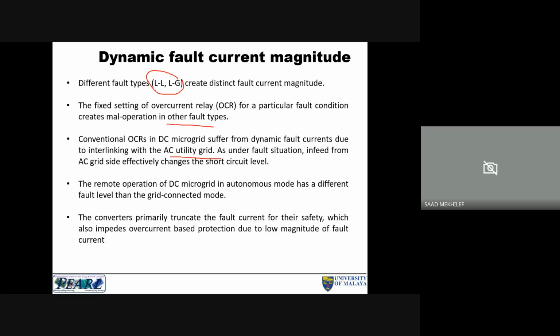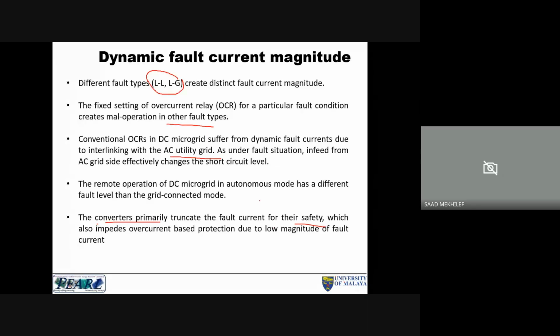The converters primarily entrust the fault current to their own safety, meaning the settings protect all the switches and control boards connected to the inverters.